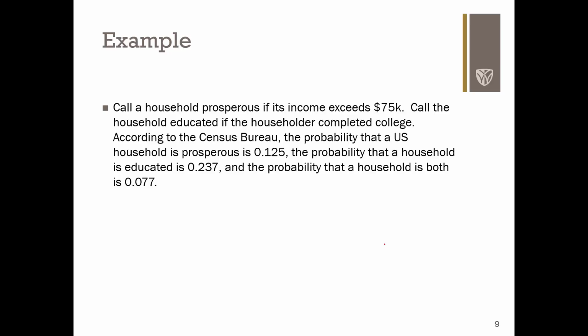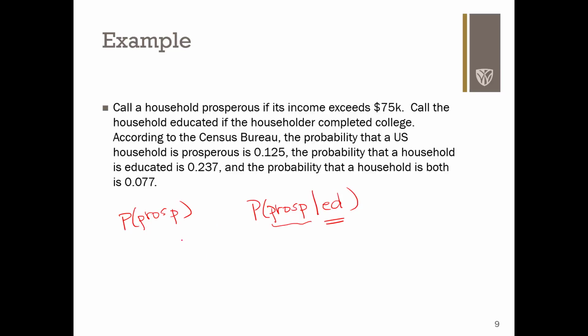That's part of the motivation for most people for going to college. If we wanted to answer that question, we would need to know the probability that a household is prosperous, and whether that is different from the probability that a household is prosperous given that they're educated. So if I know that the household is educated, does that increase the likelihood of being prosperous or not? That's really what I'm asking when I ask about independence.